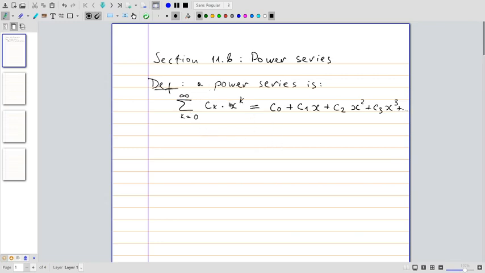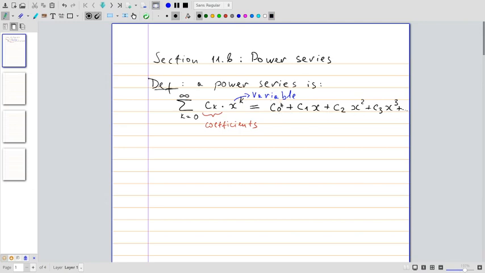In this expression, ck's are coefficients, so they do not depend on x. x is the variable. It can take different values. So for different values of x, you will generate different number series.